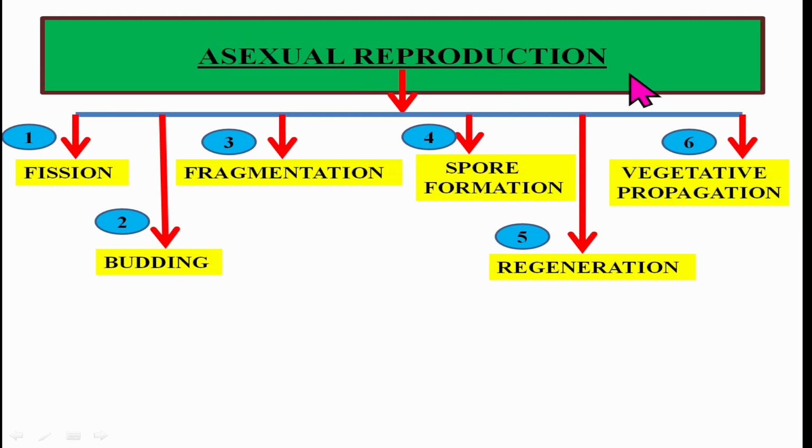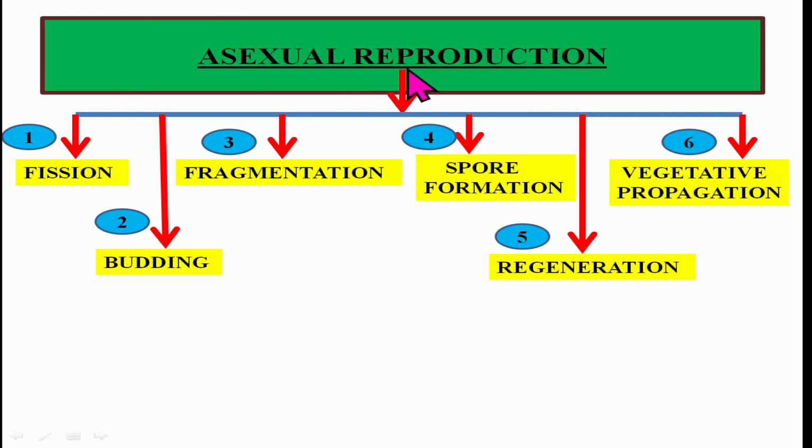So this type of reproduction is a very fast process and very easy one. Now here offsprings produced are identical to each other and also to the parents. So these type of offsprings are called as clones.